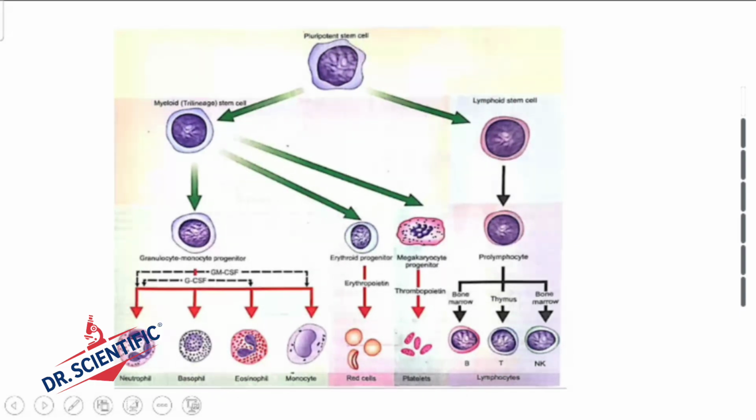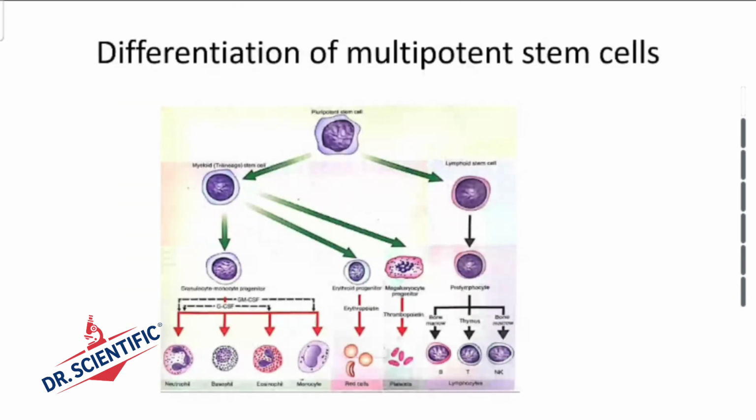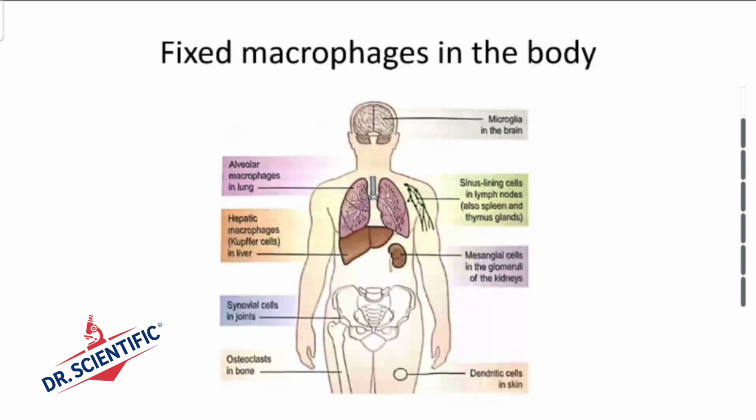Then, of course, we have the other pathway of the lymphoid stem cell, where you get the lymphocytes: the B cells, which mainly mature in the bone marrow, the T cells maturing in the thymus, and then the natural killer cells. So those are the cells produced in the bone marrow and the various places where they mature.